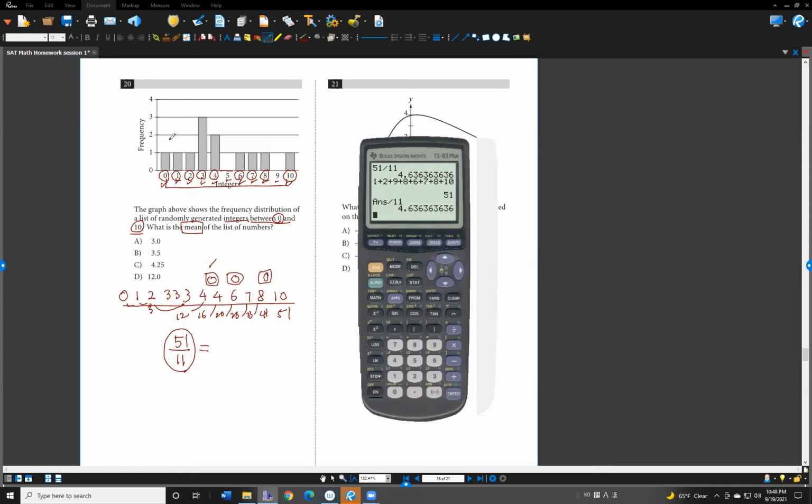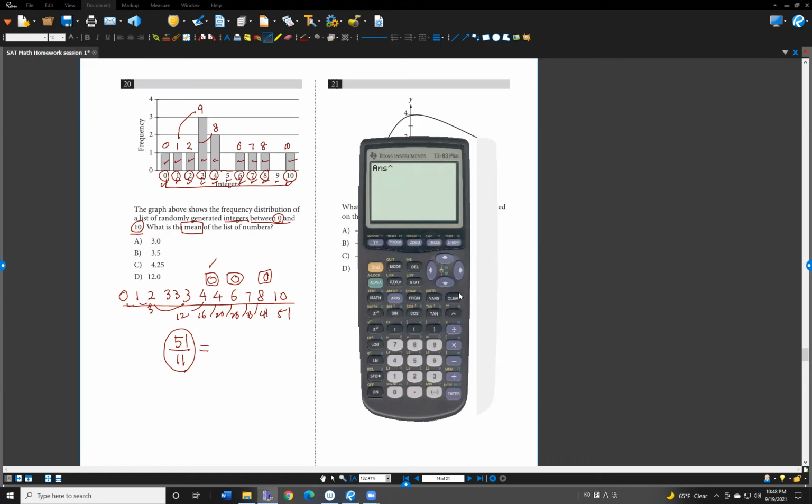Zero times 1 is 0. 1 times 1 is 1. 2 times 1 is 2. 3 times 3 is 9. 4 times 2 is 8. 6 times 1 is 6. 7, 8, and 10. This is 10, 20, 26, 33, 41, 51. 1, 2, 3, 4, 5, 6, 7, 8, 9. 51.